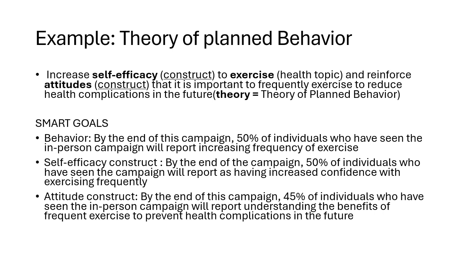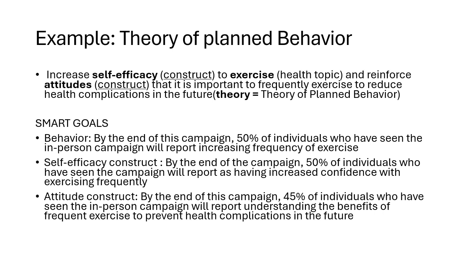This is for a campaign designed to increase exercise frequency in order to reduce health complications. And it's playing on the construct of self-efficacy. That is, does the audience feel that they can increase their exercise? And also reinforcing attitudes that it's important to exercise.